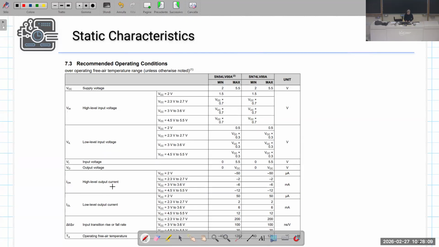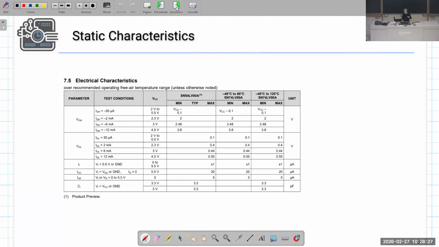Actually, at this point, you can find the maximum current that can be sunk or sourced at the high level and at the low level. This is exactly what we have discussed so far.